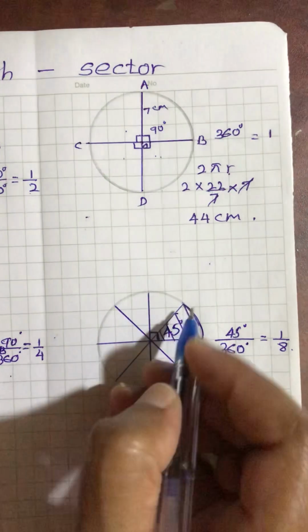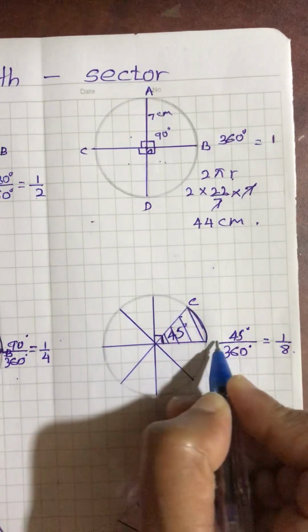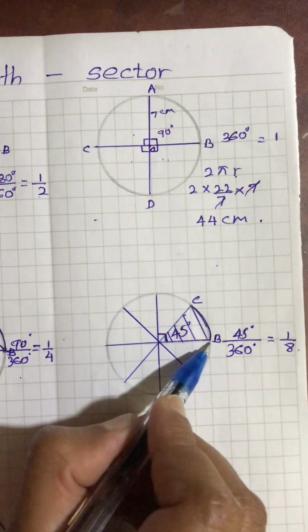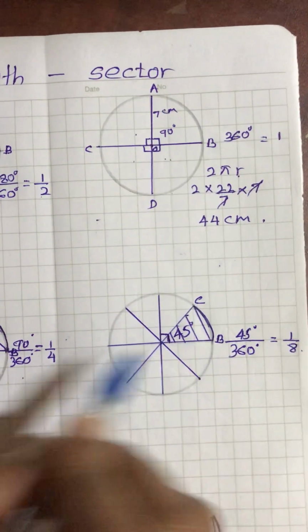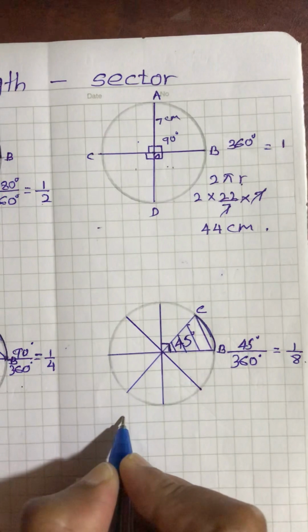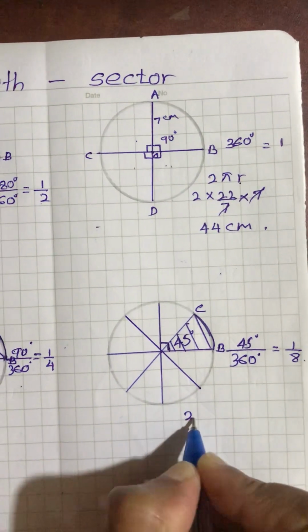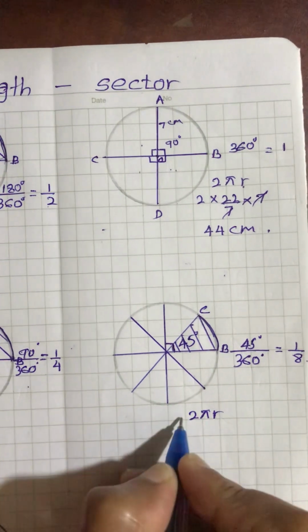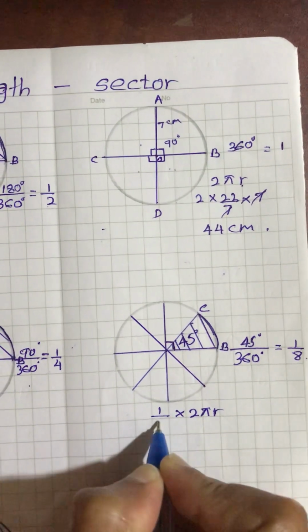So if you want to find the length of the road from C to B, you need to multiply the circumference of the circle by 1/8.